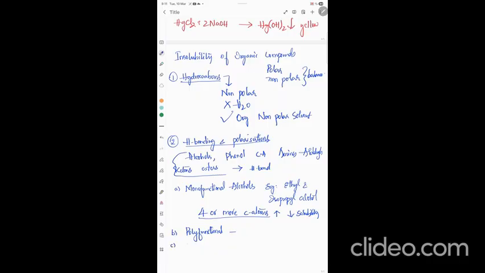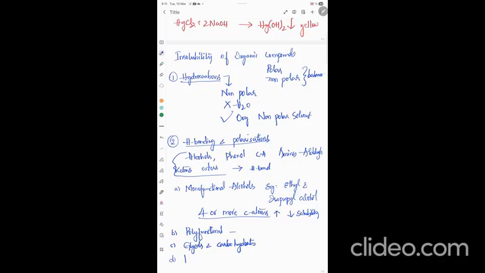And then the third category we have is the glycols and carbohydrates. Generally, these are water soluble or water dispersible. Here we can have the examples of glycerin, ethylene glycol, gums like acacia, agar, tragacanth. All these come under this category.